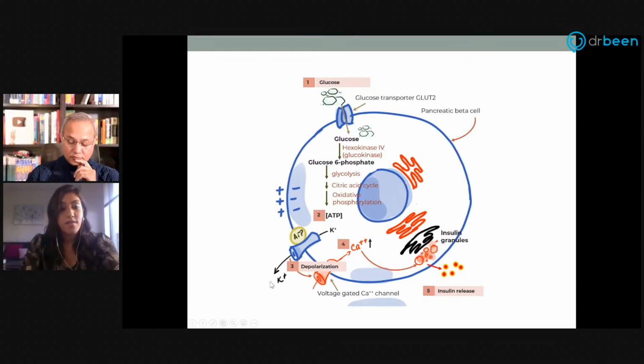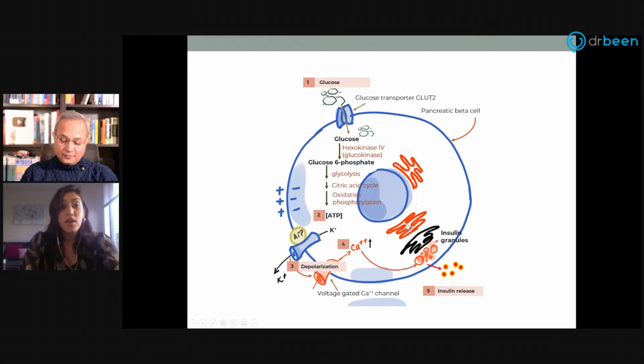Potassium is a positive ion, so as it continues to leave the cell, the cell's membrane potential becomes more and more negative, which we call hyperpolarization. It leads to inactivation of voltage-dependent channels, like the calcium channel we see here, and decreased calcium entering the cell. This is important because the influx of calcium triggers insulin secretion. So lower calcium entering the cells leads to lower amounts of insulin secreted, and that happens in a graded response.